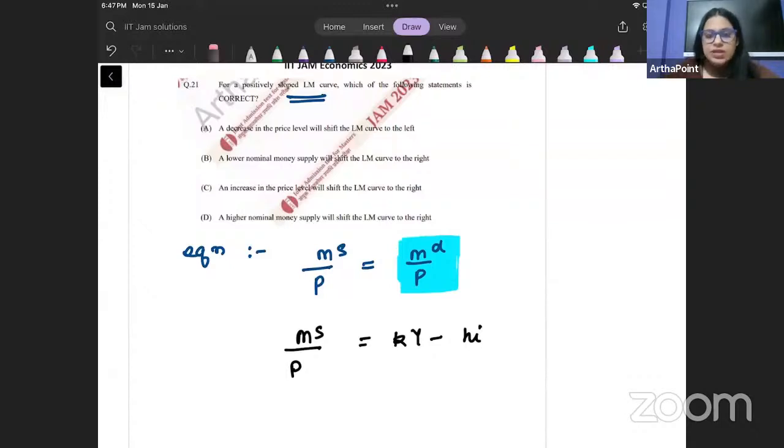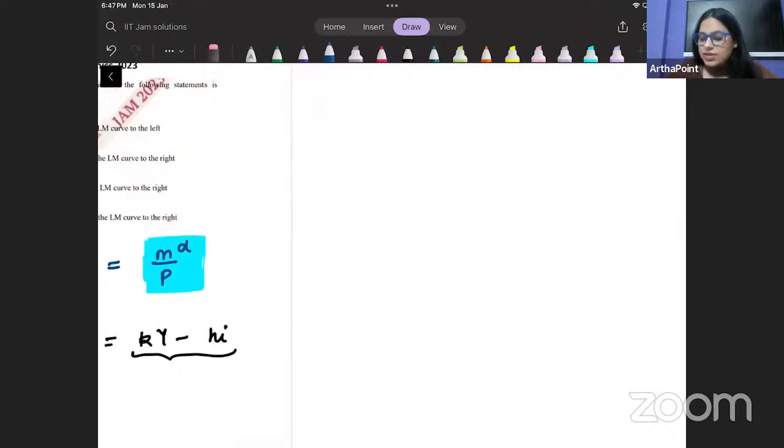Acha, in the exam, sometimes they will not give you the explicit format of the demand curve. Kabhi kabhi kya karte hain? Just this morning, I was looking into one of the questions of CUET also. They had given the demand curve equation as just this. This is what Blanchard will follow, this is what Dornbusch will follow, and sometimes they will write it like this also. Just understand all of these mean the same thing.